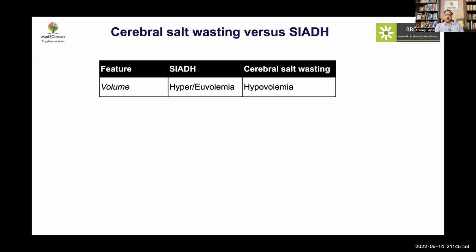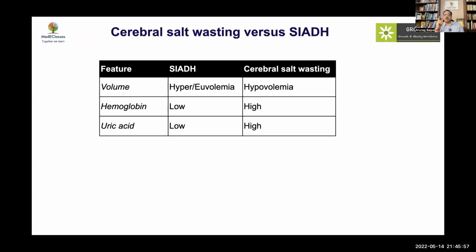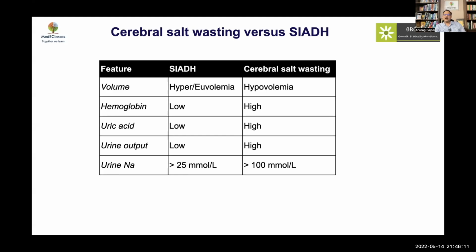If it's euvolemic or hypervolemic with hemodilution, and very importantly, uric acid low, typically around 2 milligram per dL, that's more like SIADH. While if you have hypovolemia, hemoconcentration, high uric acid around 6 to 8, start thinking of cerebral salt wasting. Very importantly, urinary sodium will be high in SIADH, but it will be much, much higher in cerebral salt wasting.